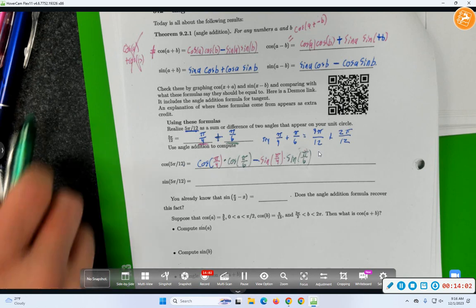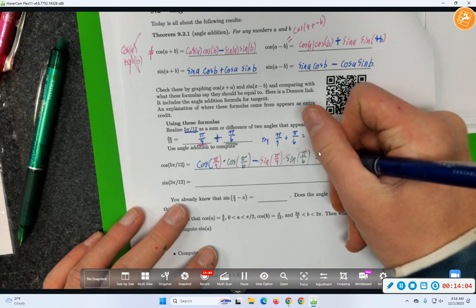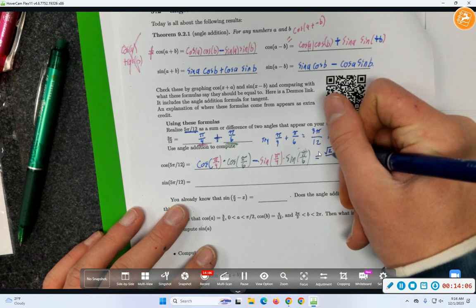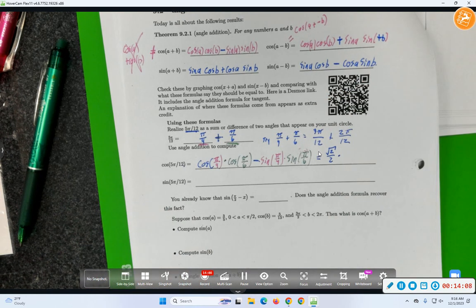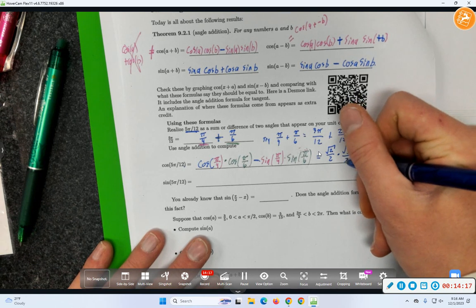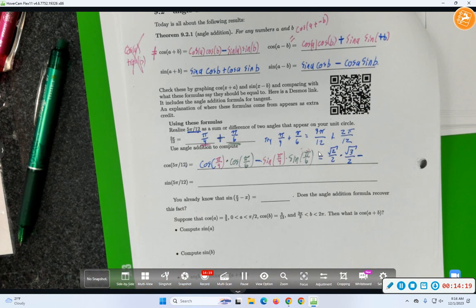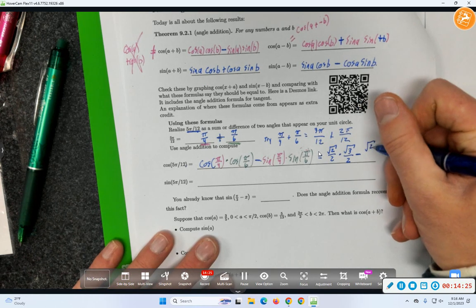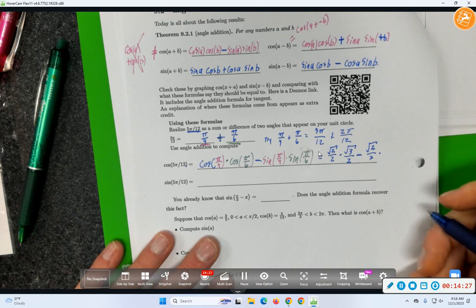Root 2 over 2? Cosine pi over 6? Minus is still minus. Sine of pi over 4? Sine of pi over 6.